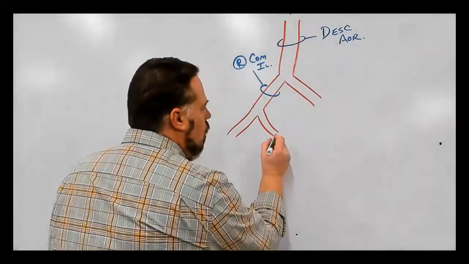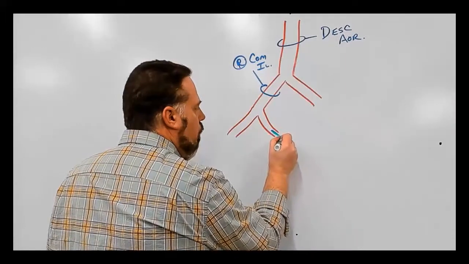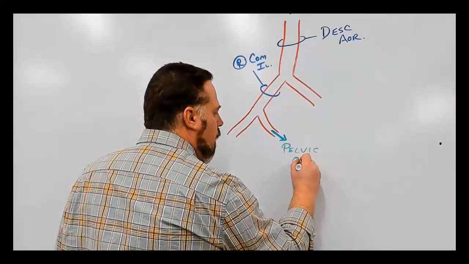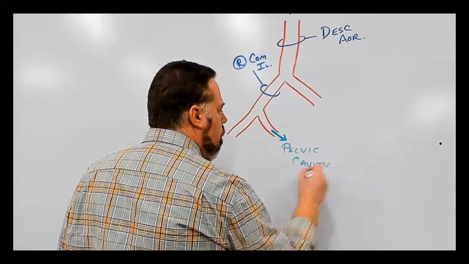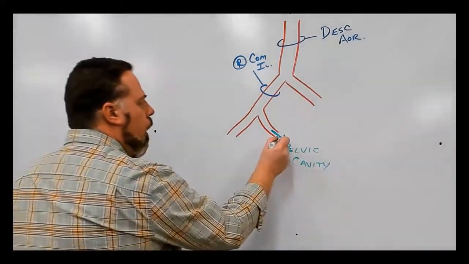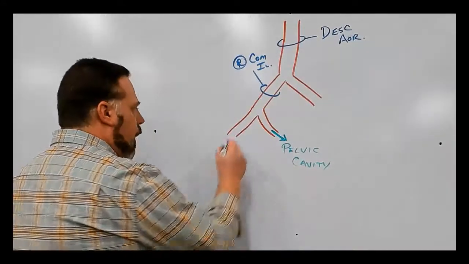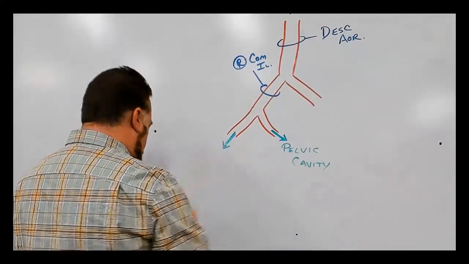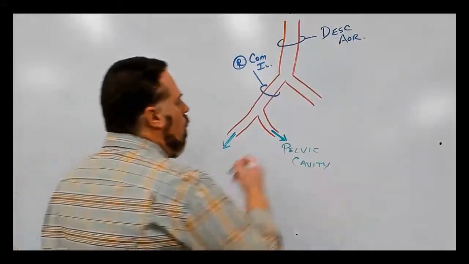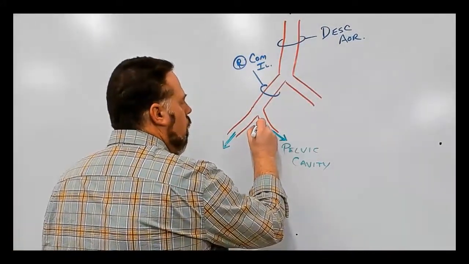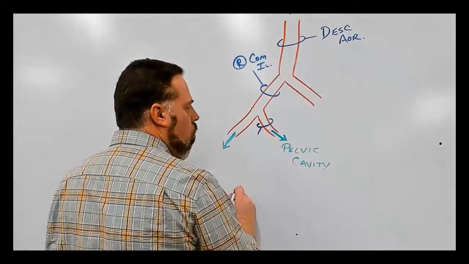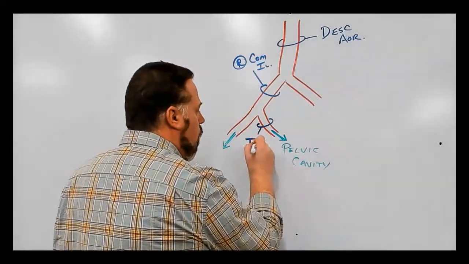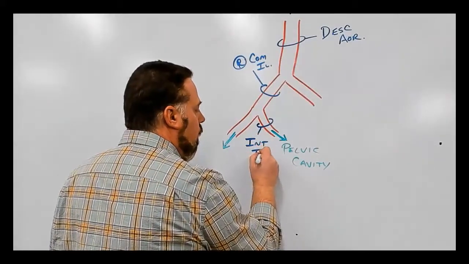This is actually going to give blood flow into the pelvis, so it goes into the pelvic cavity. And then this is going to go out into the leg, down the lower extremity, right? So here, this goes into the pelvic cavity: the internal iliac artery.